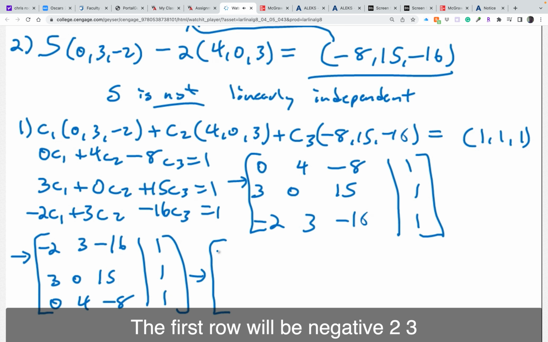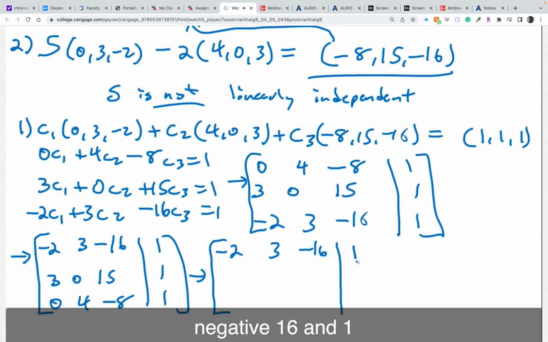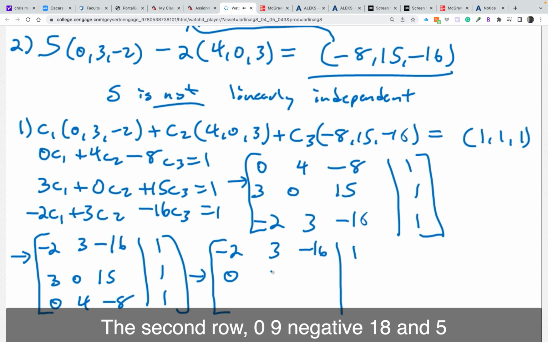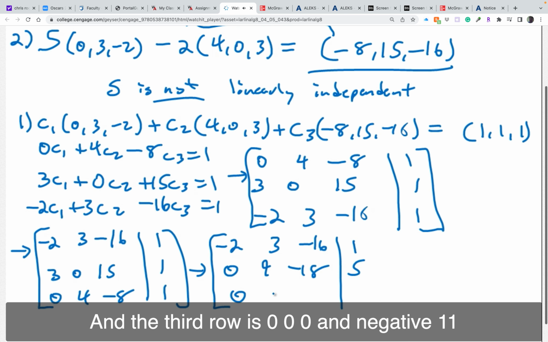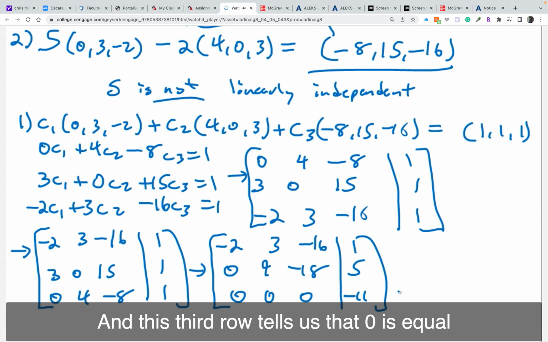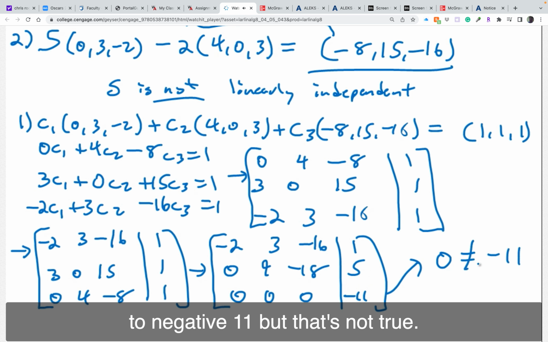The first row will be negative 2, 3, negative 16, and 1. The second row 0, 9, negative 18, and 5. And the third row 0, 0, 0, and negative 11. And this third row tells us that 0 is equal to negative 11, but that's not true.